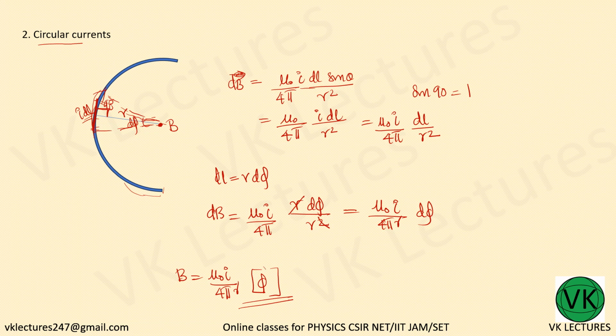So B is equal to mu 0 I by 4 pi r into phi, where phi is the angle made by the segment at the center, that is, by the segment through which the current is passing.